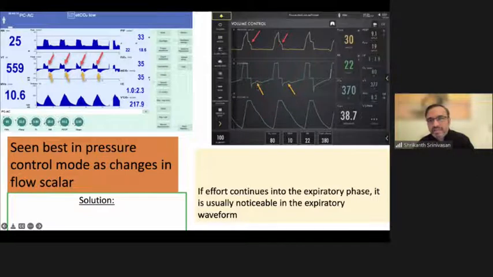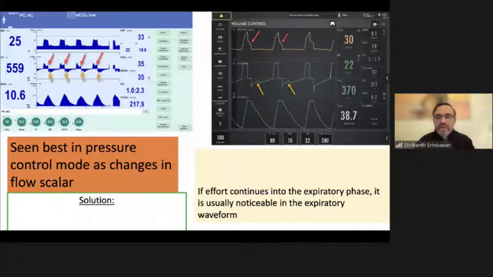But if you see something which looks like early cycling, a flow which is upwards, upward flow on a flow time scalar means towards the patient, and below is away from the patient. In the expiratory phase, if you see a spike towards the patient in a totally paralyzed, deeply sedated patient, it says that another breath has been given during the later half of the cycle, during the expiratory phase.